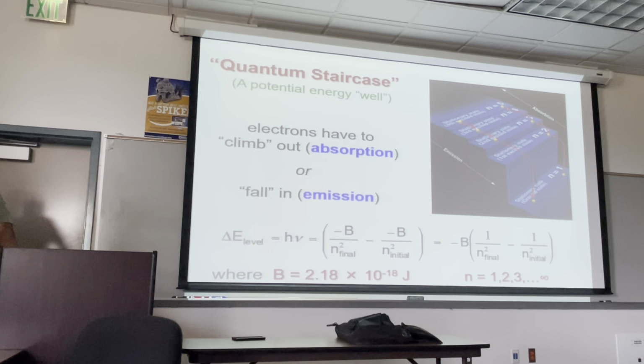And then we calculate the total energy based on h versus the frequency. And how do we get the frequency? Well, we have the energy versus the wavelength. So we take Planck's constant times the speed of light and divide by the change in energy.